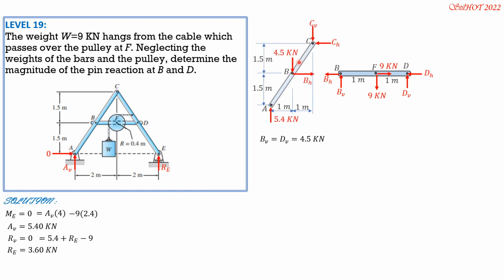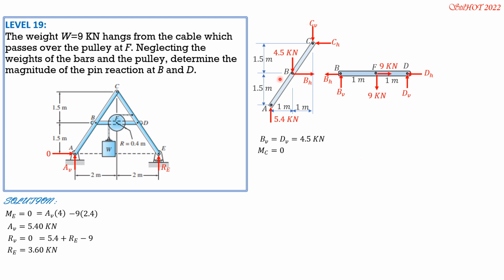So let's draw the left portion of this frame. Action, reaction, remember? Then you just assume these directions for C. Since we already know the vertical component, which is 4.5 here upward, here it's downward. Then if we set moment about C equals 0, we can now solve for BH.